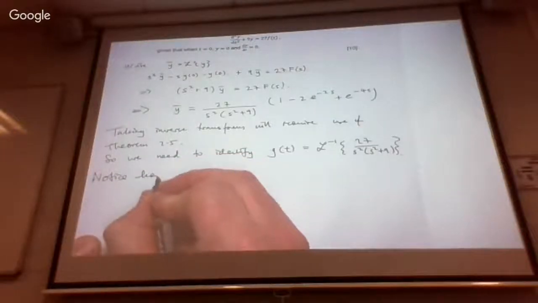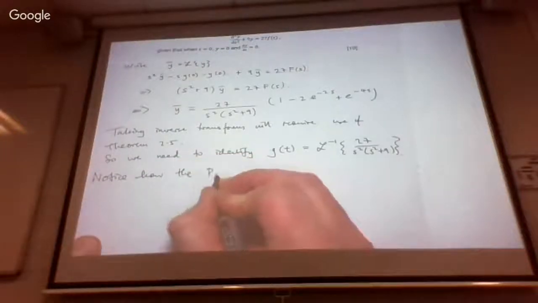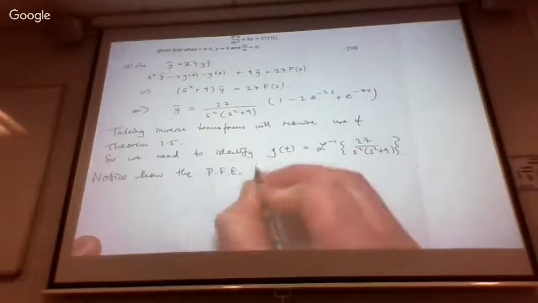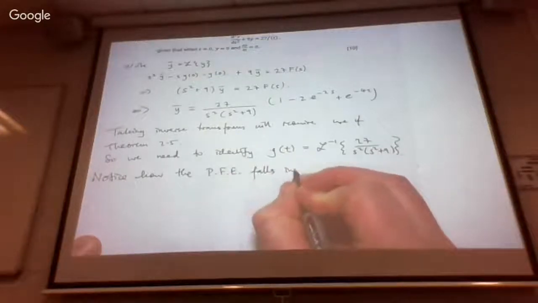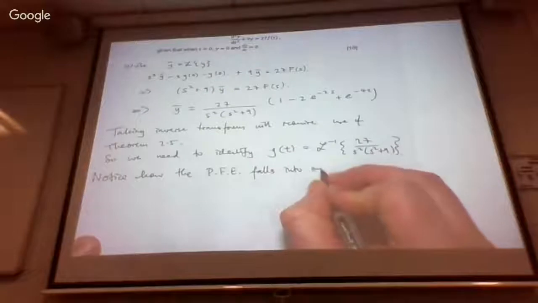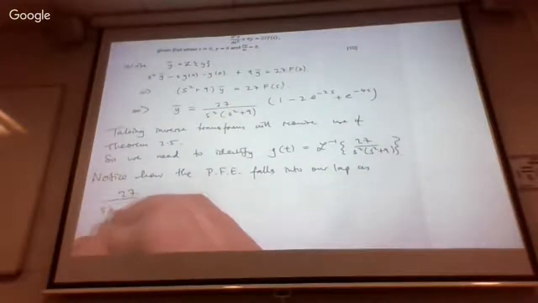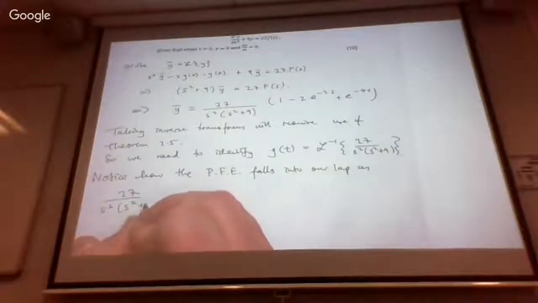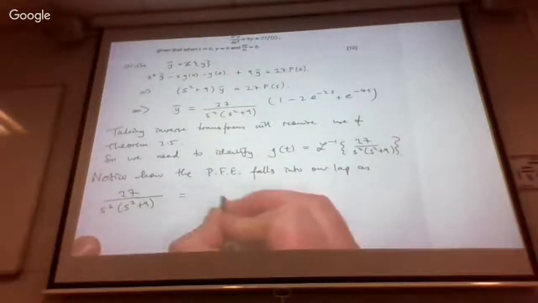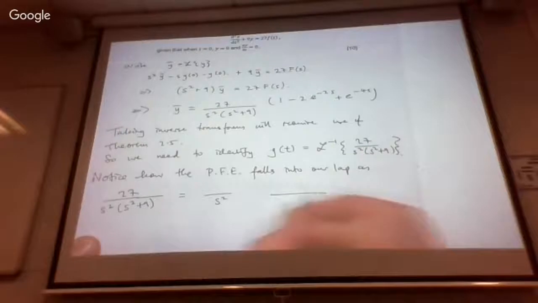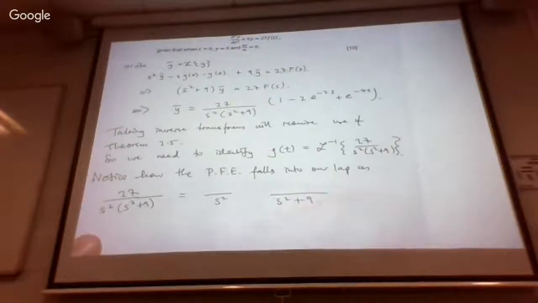So notice how the partial fraction expansion falls into our lap. What's the partial fraction expansion of this going to look like? Well, it's just a constant. So I'll be able to generate it like this. How do I generate 27?